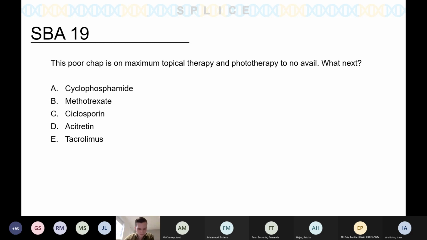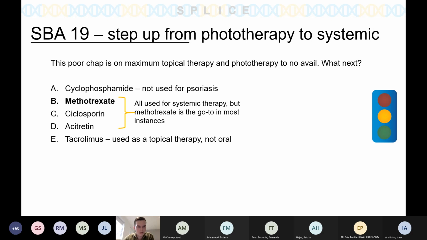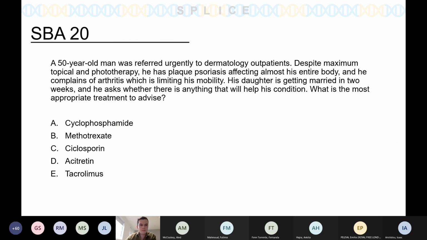Let's see what we've put. Okay, we've got a split between methotrexate and cyclosporin. That's good. We'll do another SBA and then we'll talk about why I put methotrexate. You could argue it either way, but there's something to note, which we'll come back to. So let's do another one.